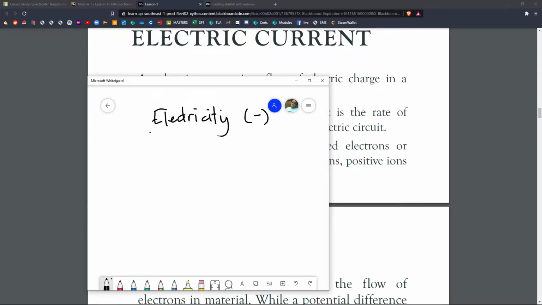After all, the name electricity or electronics comes from the word electron. An electron is a negatively charged particle in an atom. So this negatively charged particle in an atom is what causes the phenomenon we call electricity.